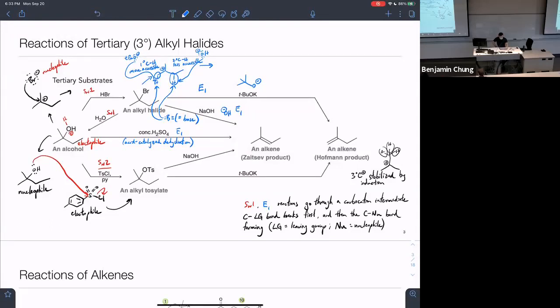But essentially, an alkyl tosylate under similar reaction conditions as before can also form either a Zaitsev product or a Hofmann product, depending on what base you use. And the reasoning is the exact same, because you end up going through the same carbocation intermediate. Because your first step is essentially breaking the carbon leaving group bond and generating the carbocation intermediate.